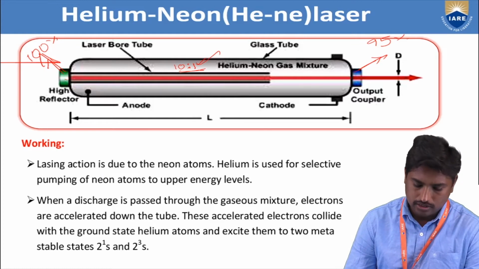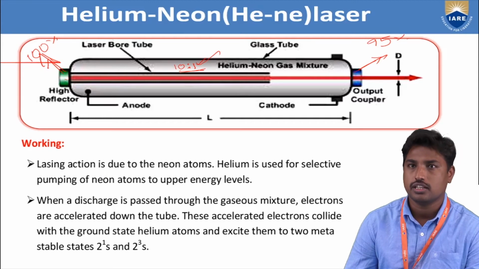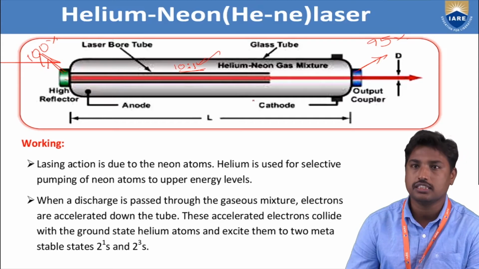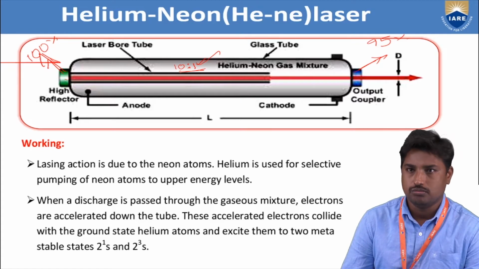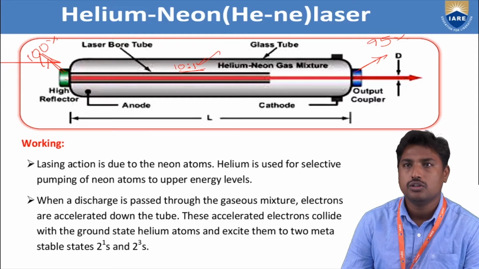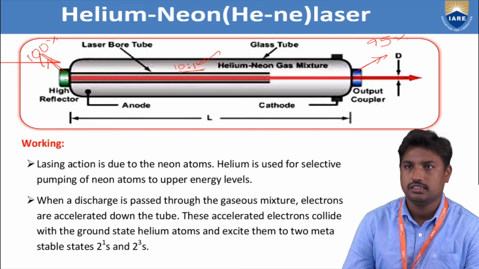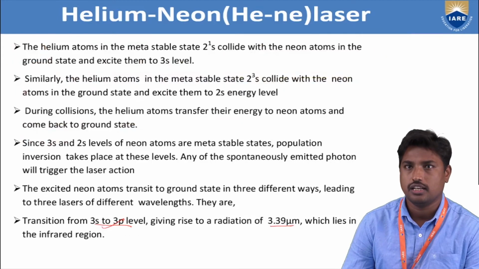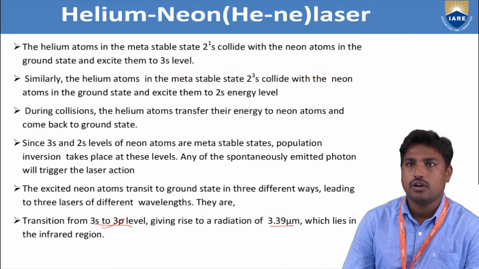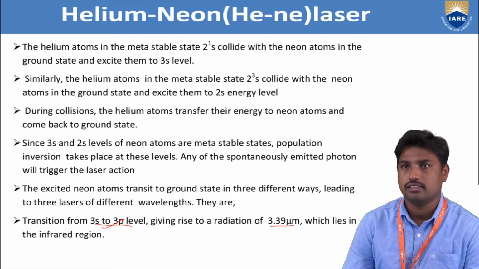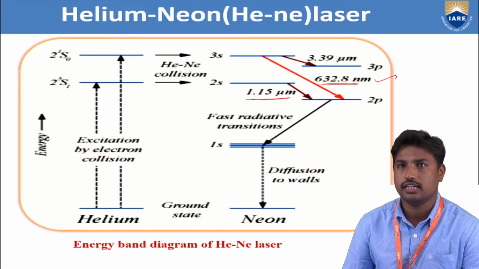When a discharge is passed through the gaseous mixture, electrons are accelerated down the tube. These accelerated electrons collide with the ground state helium atoms and excite them to metastable states. The helium atoms in the metastable state collide with the neon atoms in the ground state and excite them to the 3s level.